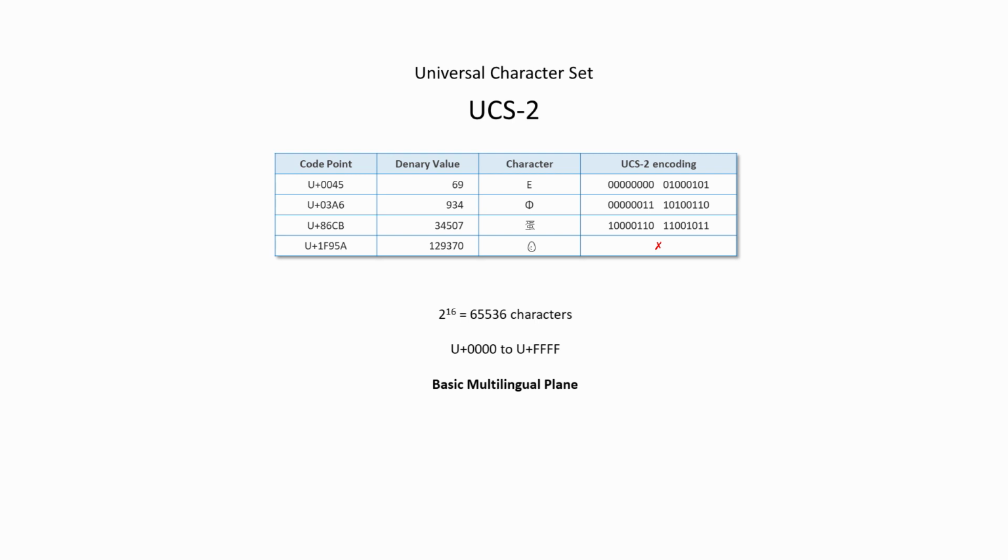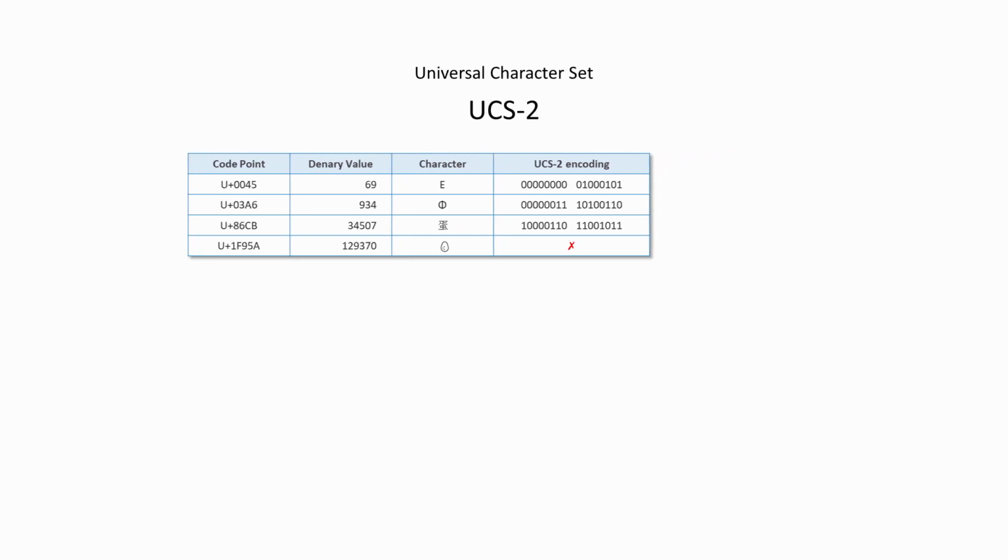Characters that can be encoded in this way are referred to as the basic multilingual plane. But even while UCS2 was being developed, it was realized that the basic multilingual plane wasn't going to be enough. You can see that the egg emoji can't be encoded with UCS2.